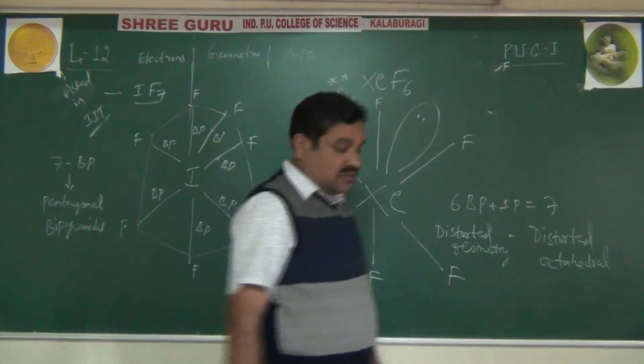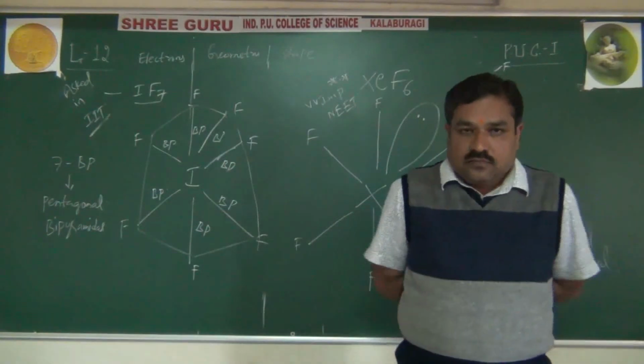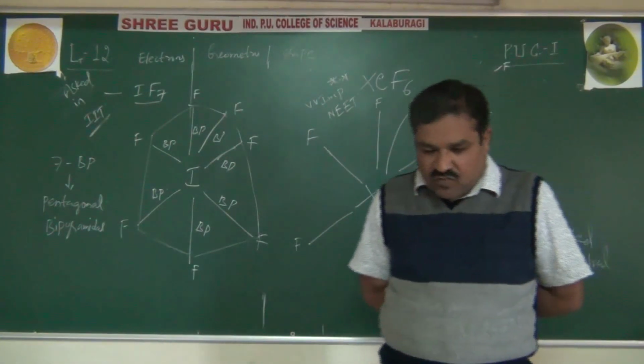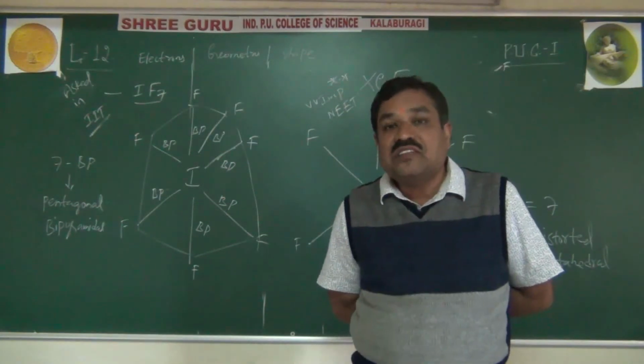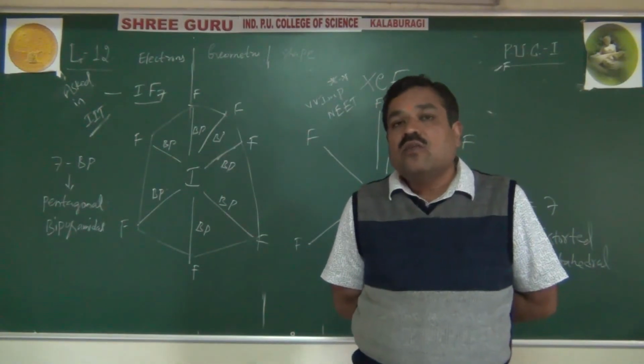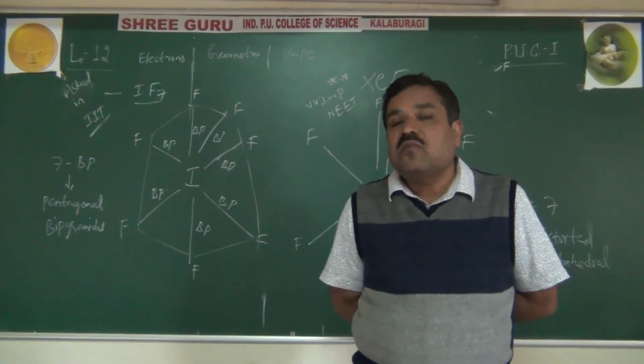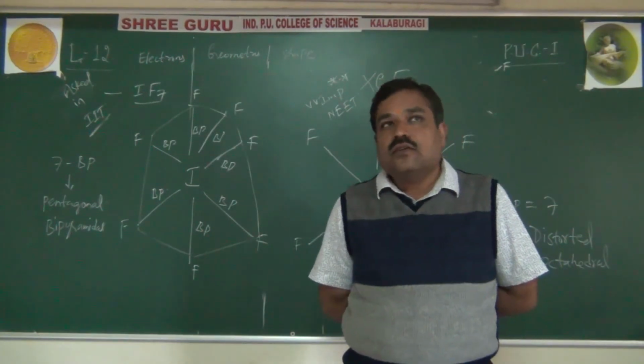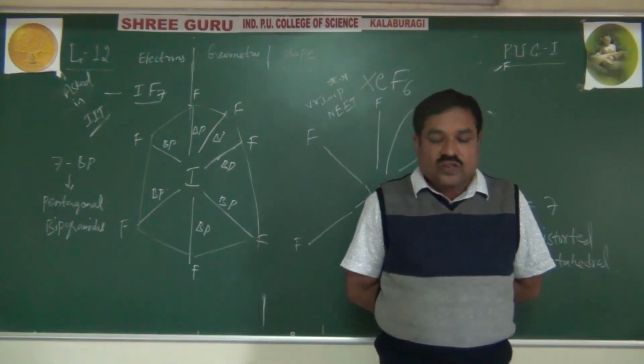So this is in detail. When a lone pair enters into the formation of a molecule, through repulsive force it causes deviation in the geometry, even in the bond angle. But this theory was not applicable for all molecules. It has its own limitation.